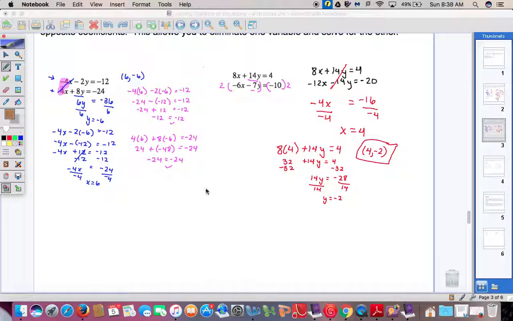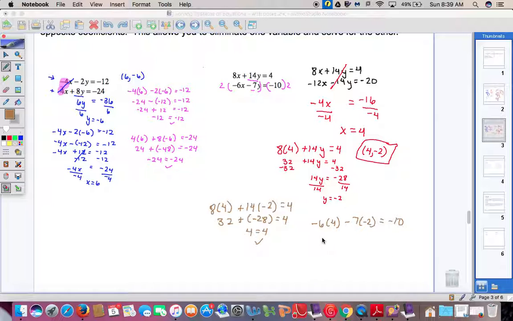We would have 8 times 4 plus 14 times negative 2, and that should equal 4. 8 times 4 is 32, plus 14 times negative 2 is negative 28, and 32 plus a negative 28 is 4. So 4 equals 4. That one works. Now in my second equation, I've got negative 6 times 4, because that's my x value, minus 7 times negative 2, because that's my y value, and that should equal negative 10.